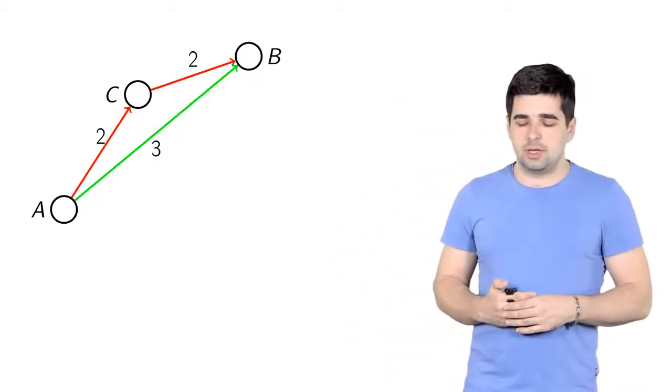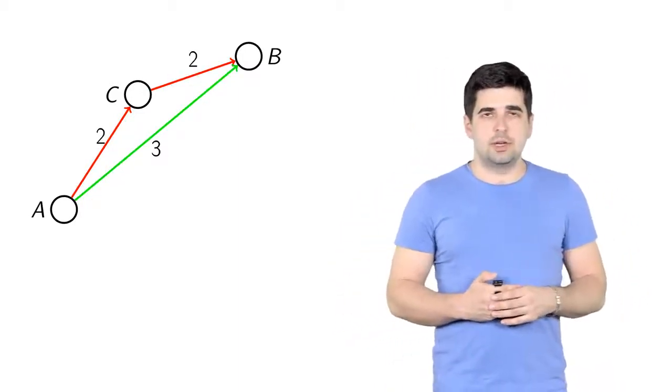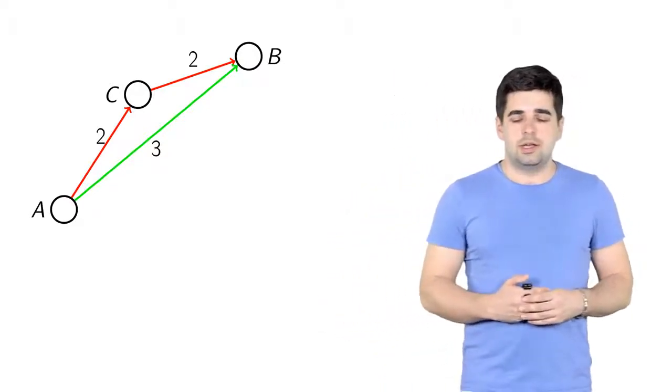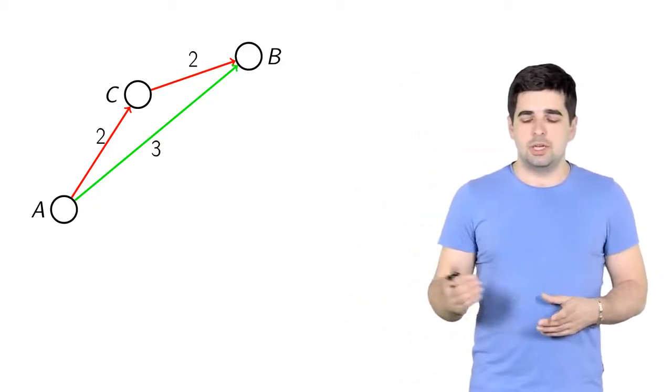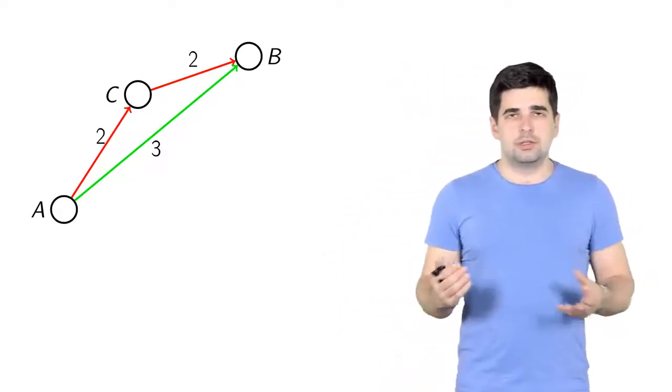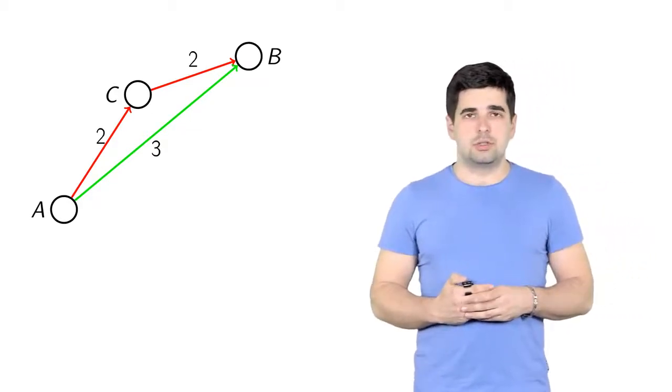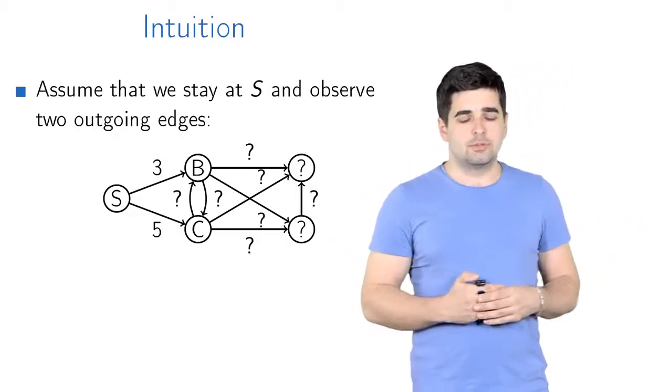But that's also not the case, because if the edge from A to B is 3 hours and edges from A to C and from C to B didn't change, and we just removed the traffic jam from A to B and it became 3 hours instead of 5, it is now better to go directly from A to B. So there is no universal rule to go directly or not to go directly. We need something more clever than that to solve our shortest or fastest route problem.